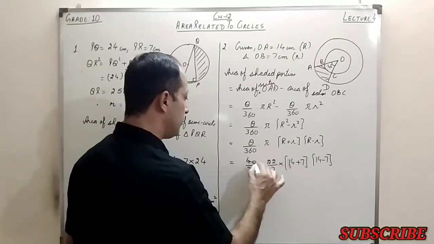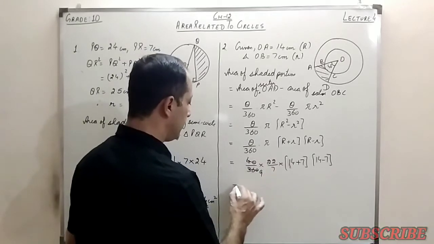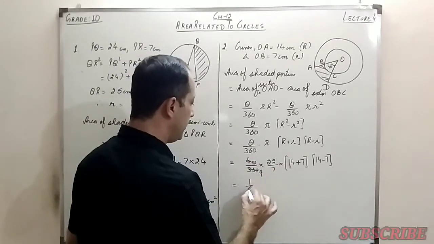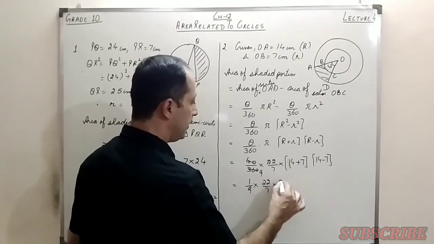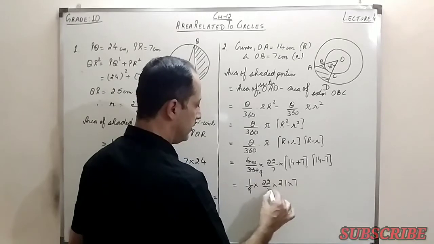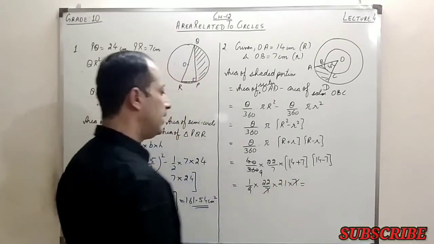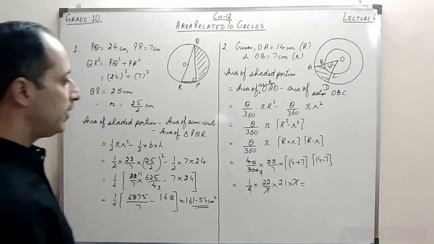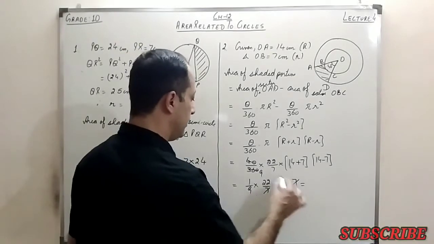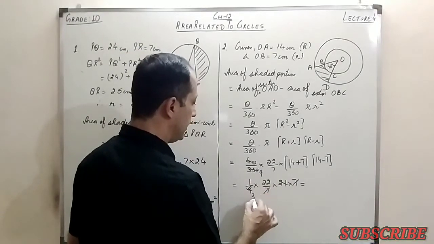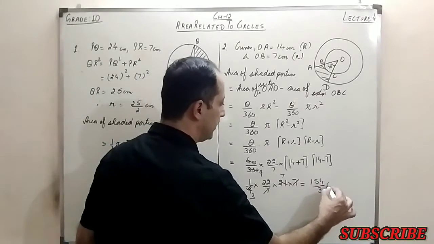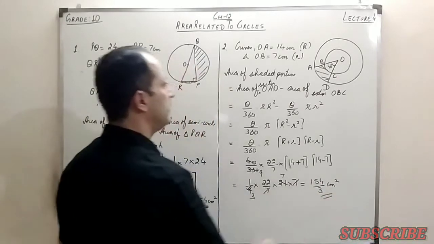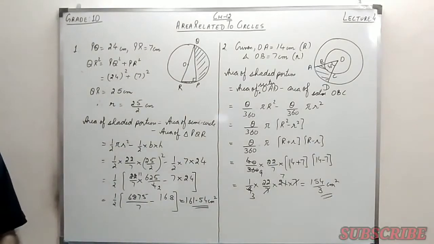Now this cancels out. This is 9. So this is 1 upon 9 into 22 by 7. This is 21 into 7. The 7 cancels and we are left with 22 into 21. Again we can cancel it out. This is 3 cancels with 3. So this is 154 upon 3 centimeter square. So this is the area of the shaded portion, right?